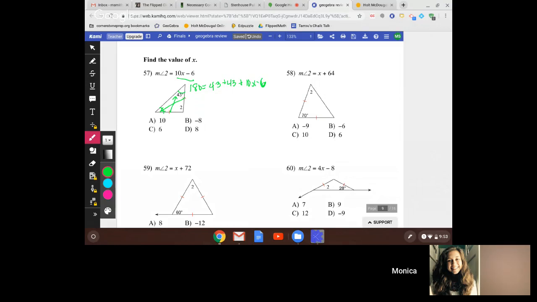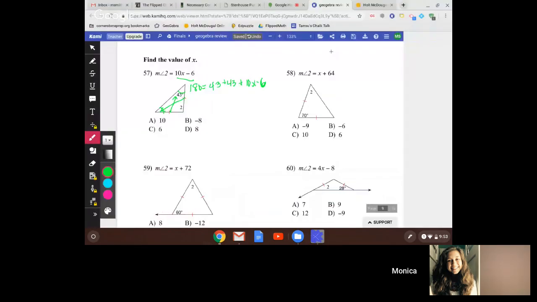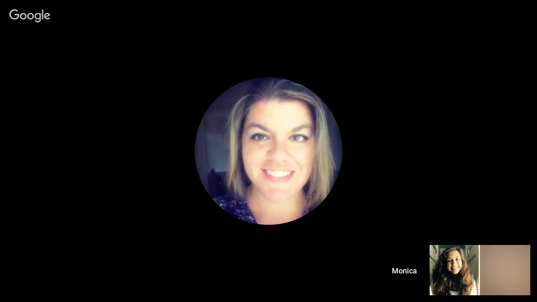And then solve for x that way. Does that make sense? Okay, and that's going to be similar to how you'll solve 58 and 60, okay?